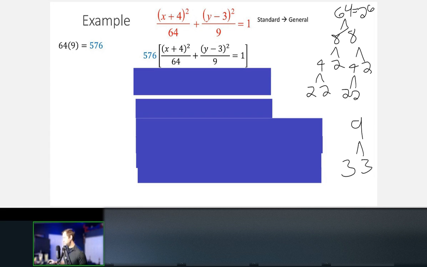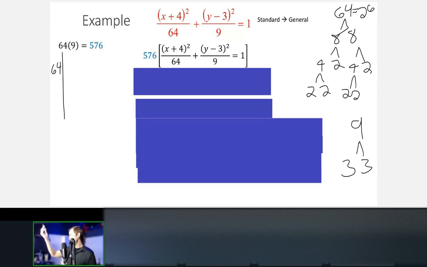Next, when you do your lowest common multiple, you are going to write all of your factors out. So for 64, we are going to write all of the factors from left to right.